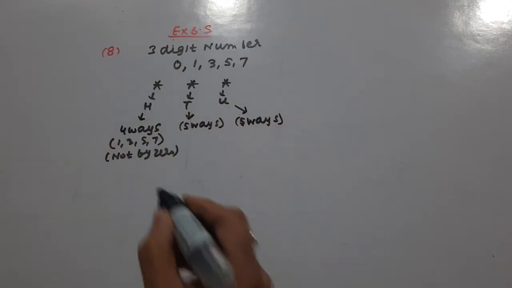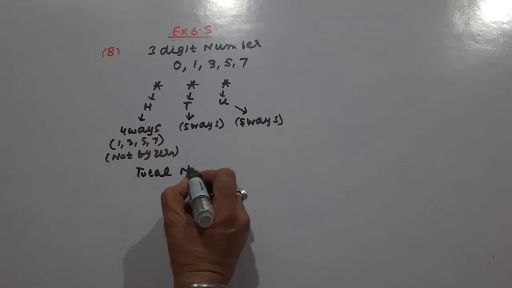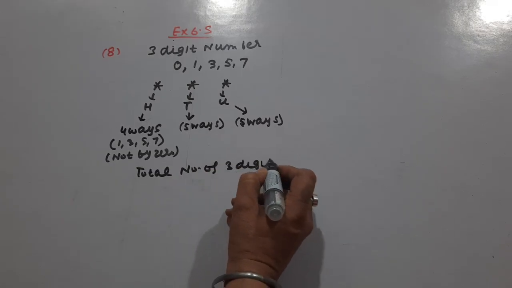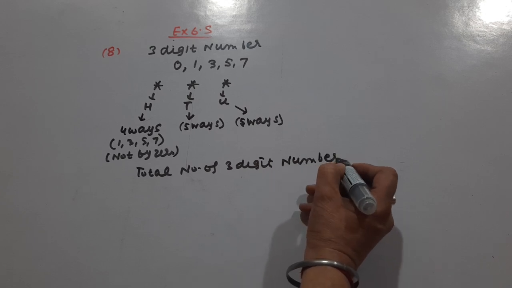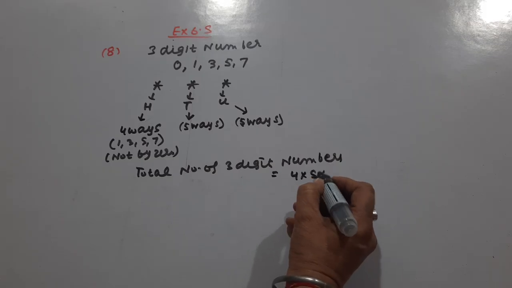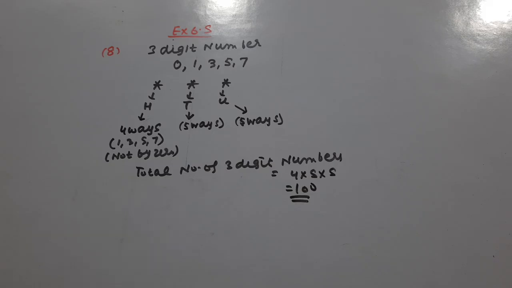So total number of 3 digit numbers are 4 into 5 into 5 equal to 100. So students, these are the 3 digit numbers that can be formed by using the digits 0, 1, 3, 5, 7 when repetition of digits is allowed.